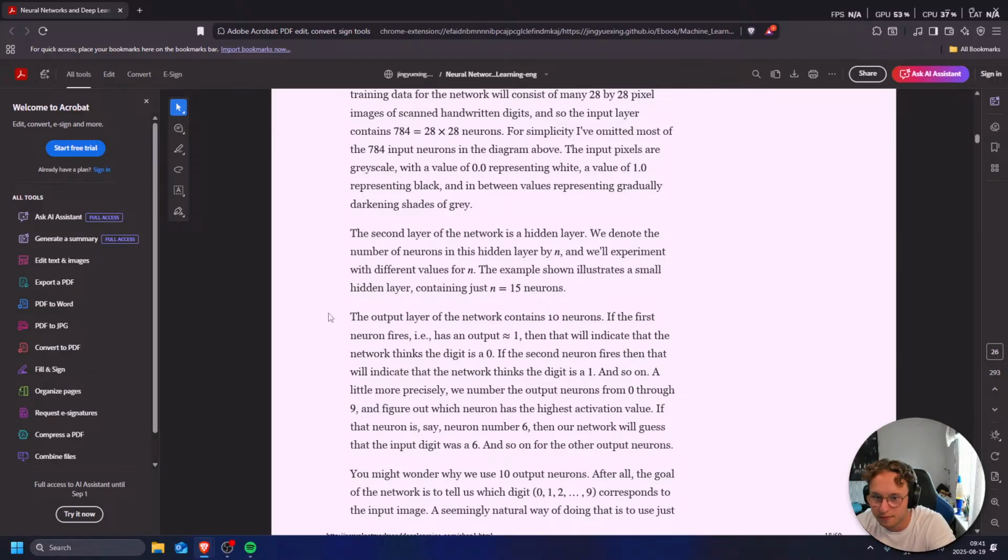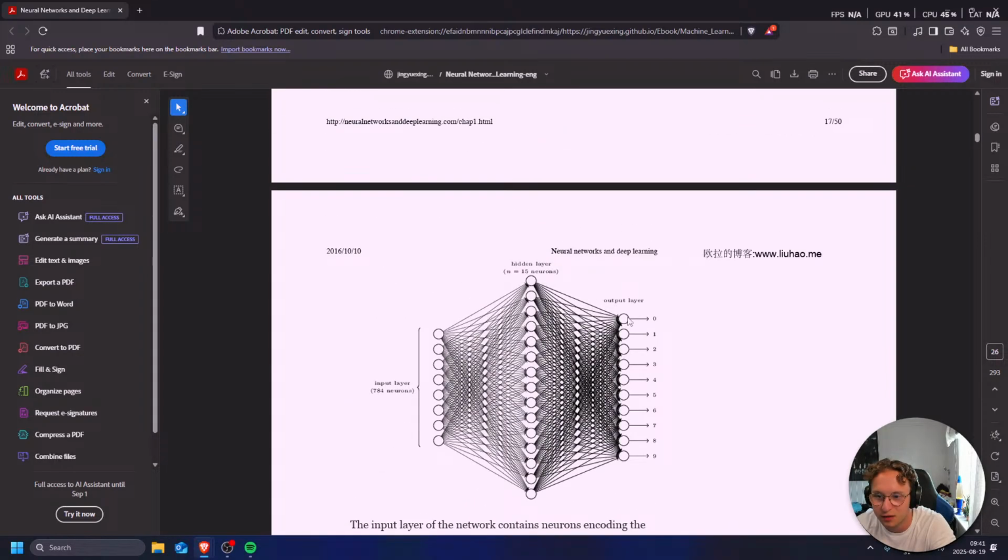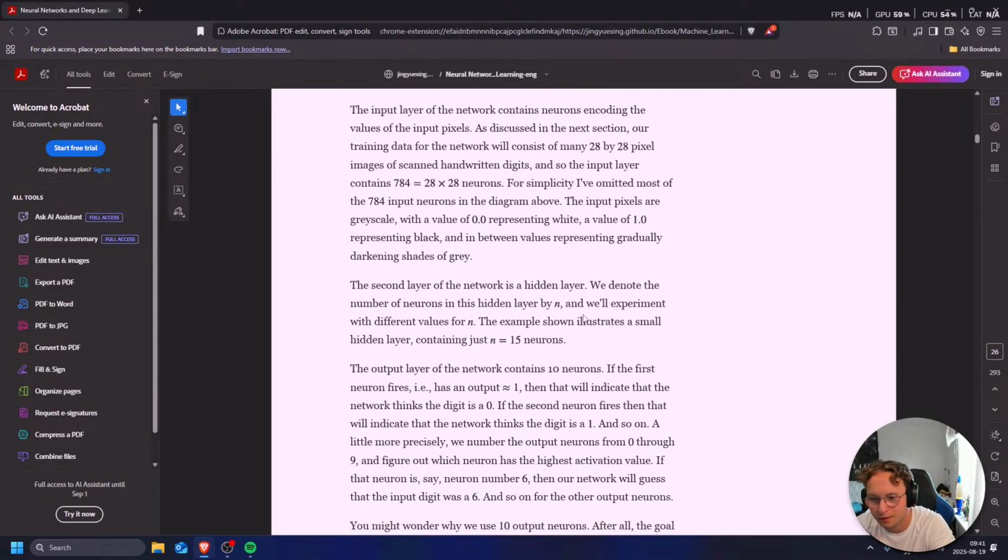If the first neuron fires, with an output approximately equal to 1, then we will indicate that the network thinks the digit is a 0. If the second neuron fires, then we would indicate that the network thinks it's a 1, and so on. So it's basically, if this fires, it's a 0, this 1, and so on.